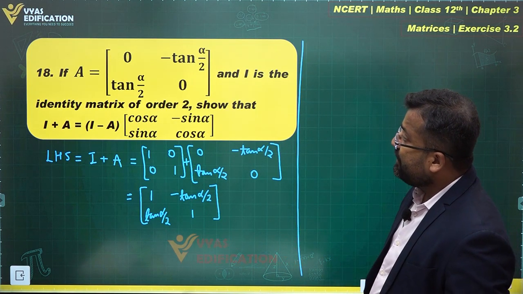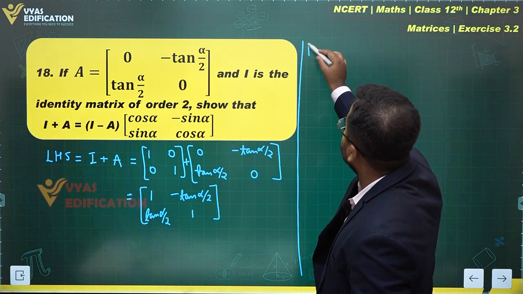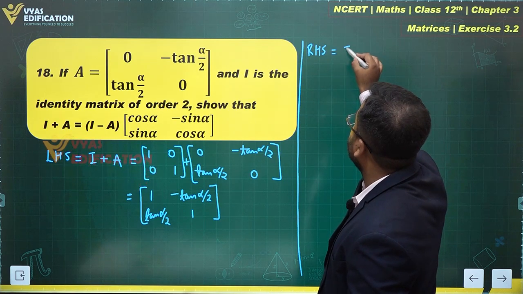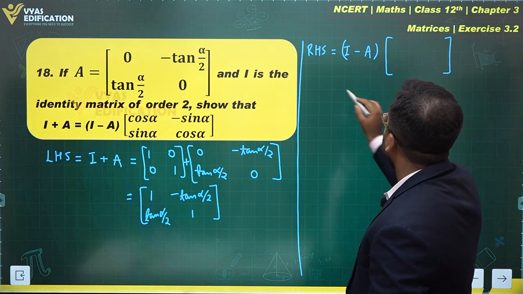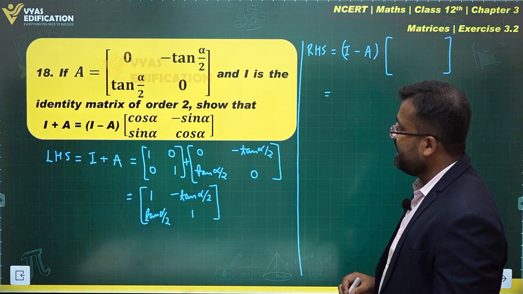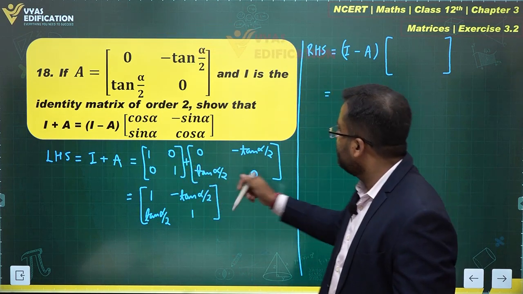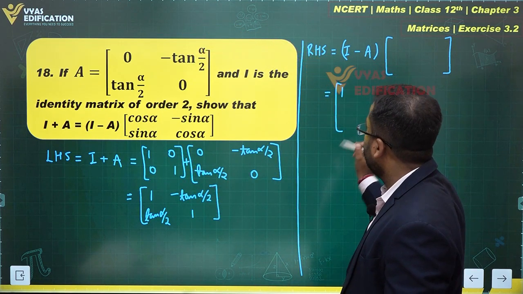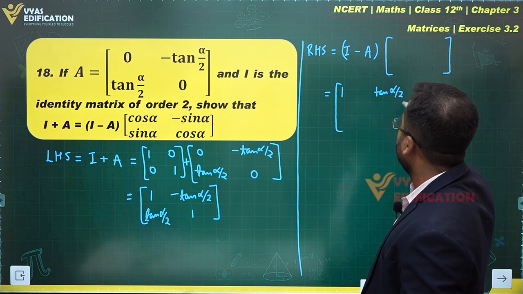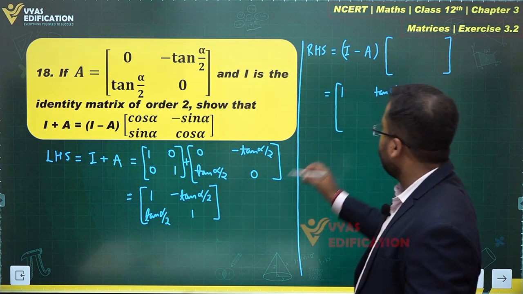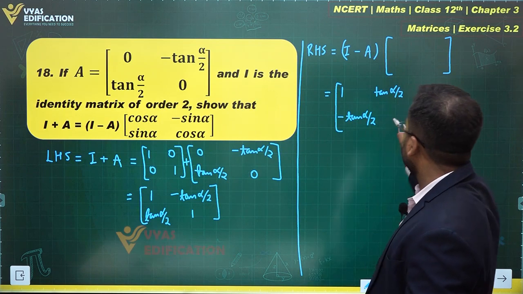What else? In the RHS, we have I minus A times this matrix. So the RHS has I minus A times this matrix over here. What does that become? This is I minus A. Now this minus this, can I write that directly over there? Yes. 1 minus 0 is 1. 0 minus of minus becomes tan alpha by 2. 0 minus tan alpha by 2 would be minus tan alpha by 2 over here, and 1 minus 0 would be 1 over here.